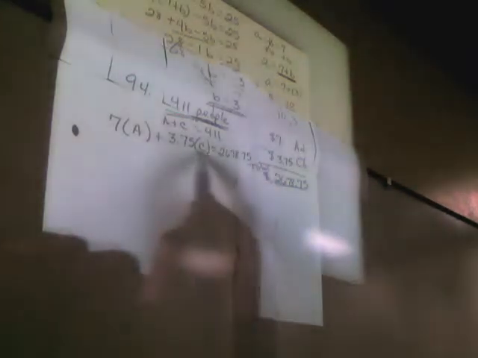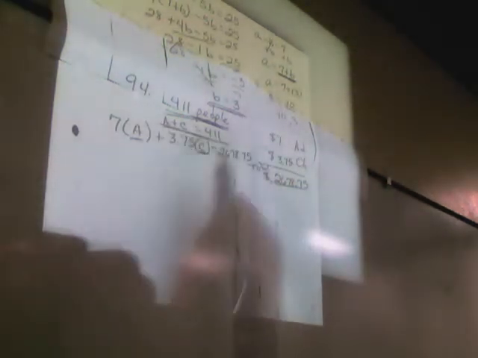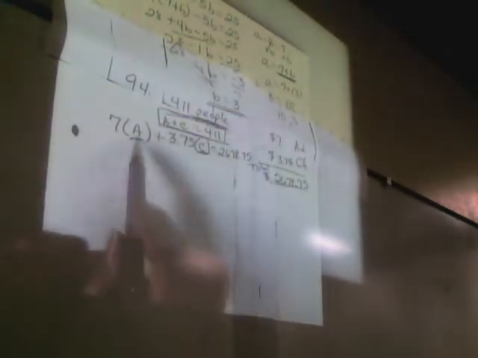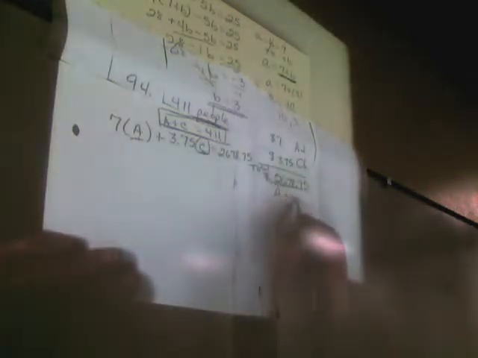Okay, one of these we're going to replace with something. We're going to change this around so that one of these will be able to replace it. So we could subtract C or subtract A. It doesn't matter. Why don't we subtract C? So we'll have A plus C equals 411.